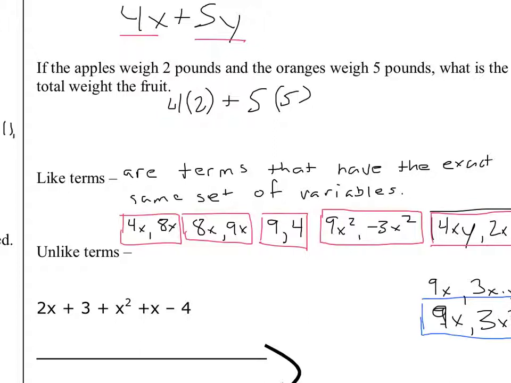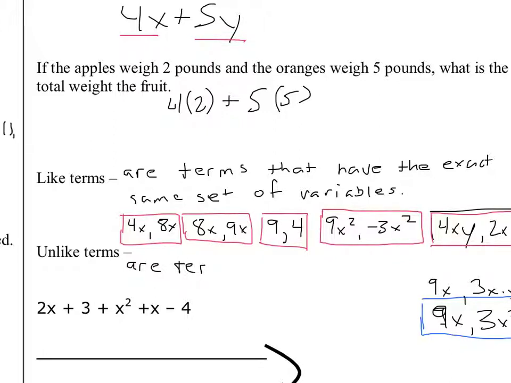There is one word that you can add to our definition for like terms, and if you add it in the right place, it will make a wonderful definition for unlike terms. So somebody give me a definition of unlike terms by only adding one word. Ivana: Unlike terms are terms that don't have the exact same set of variables.